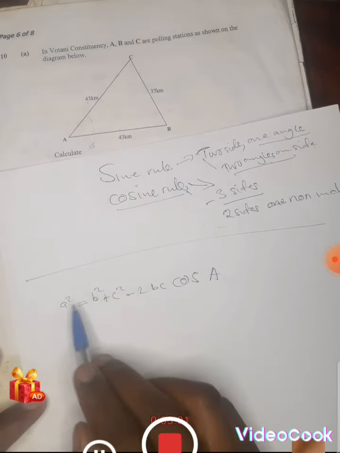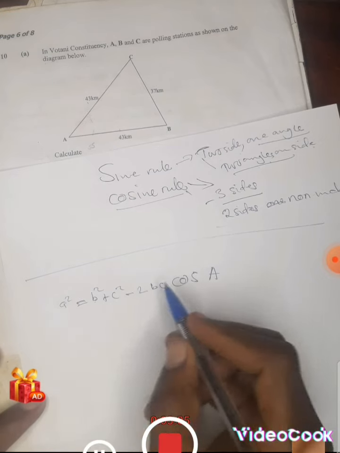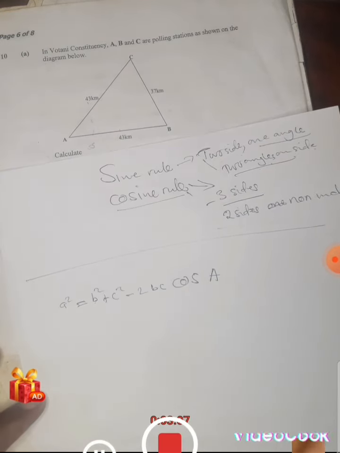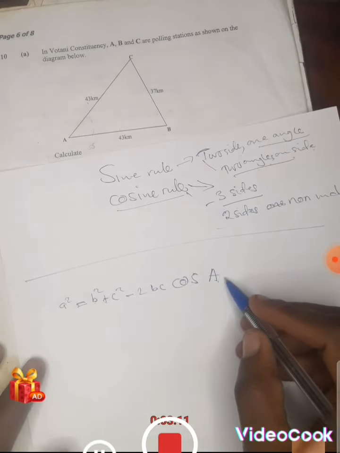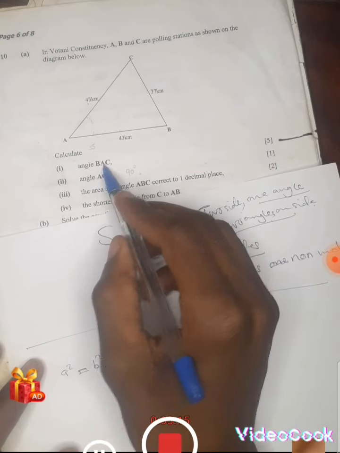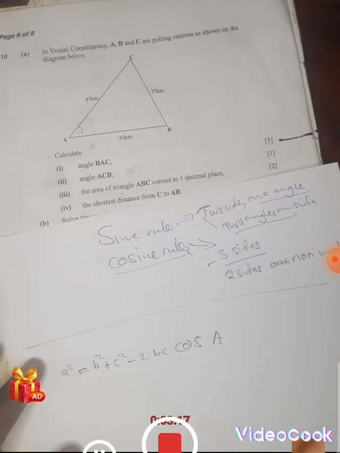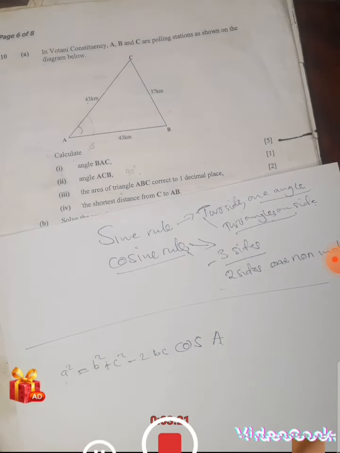We have a squared equals b squared plus c squared minus 2bc cos A. Now we are looking for the angle BAC, meaning the letter in the middle, which is this angle here, of course. So the formula is in favor of what you are looking for.